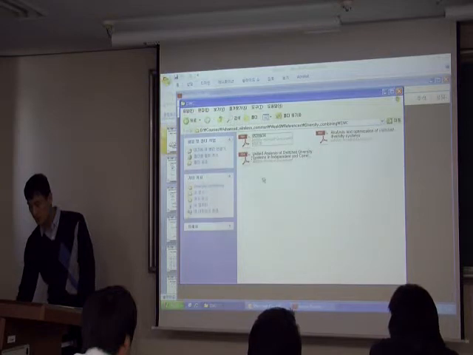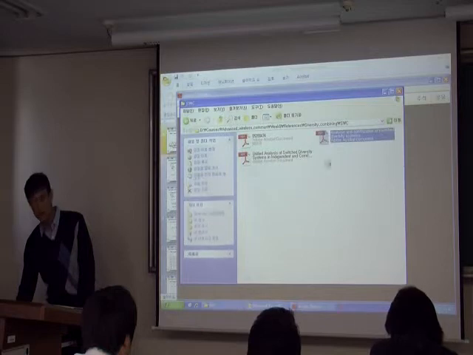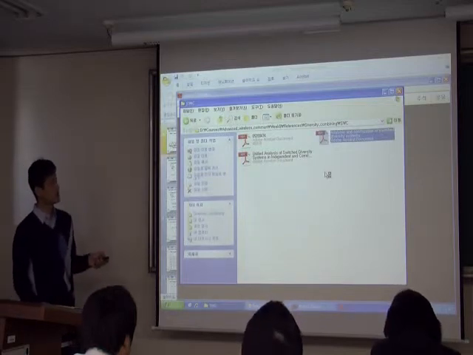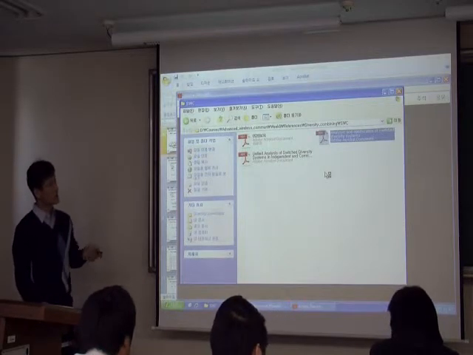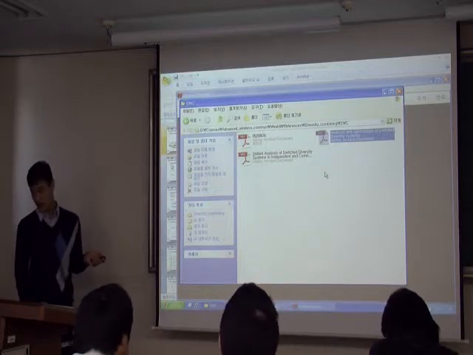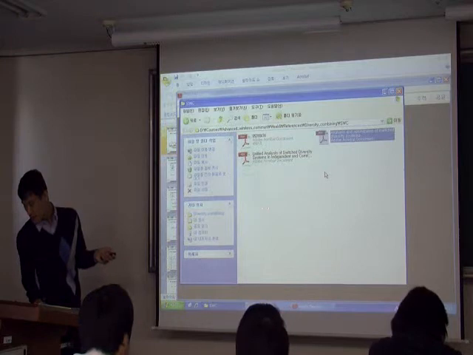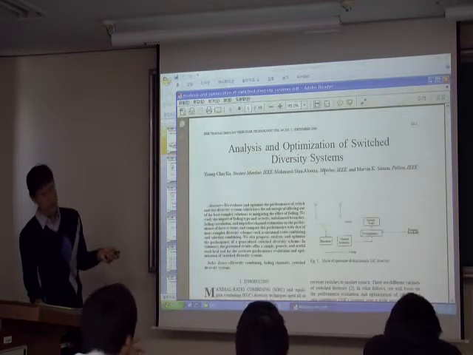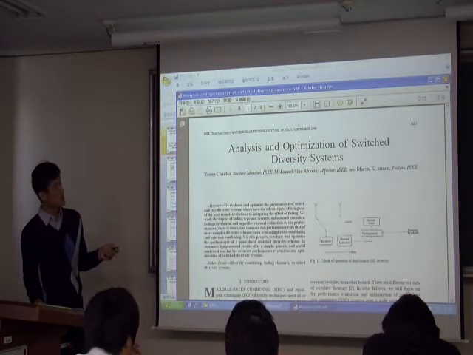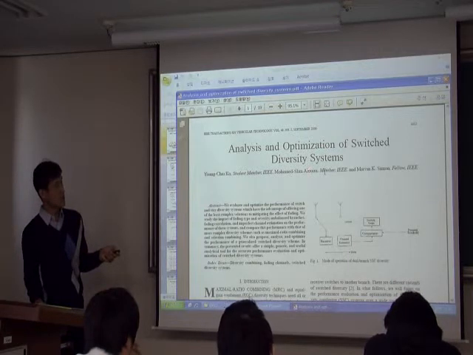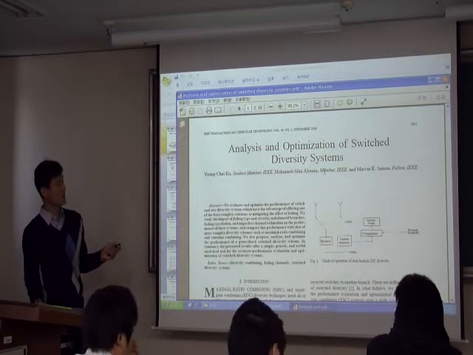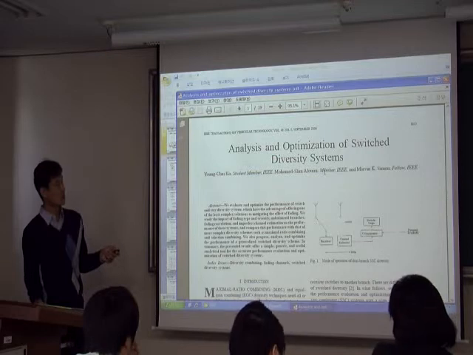Also this one is part of the switch diversity technique, and they do it the same way. If you look at the title, this one says analysis and optimization. This is actually just a general switch diversity system, but they look at the performance analysis and show you how to optimize it.